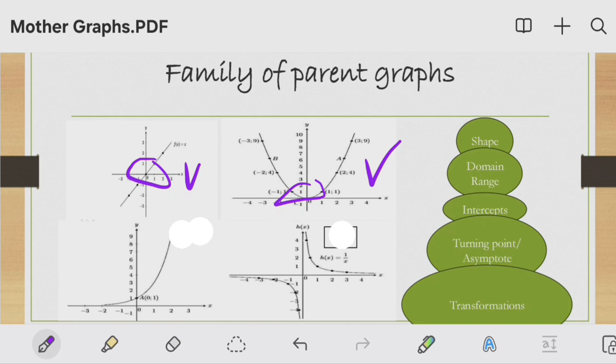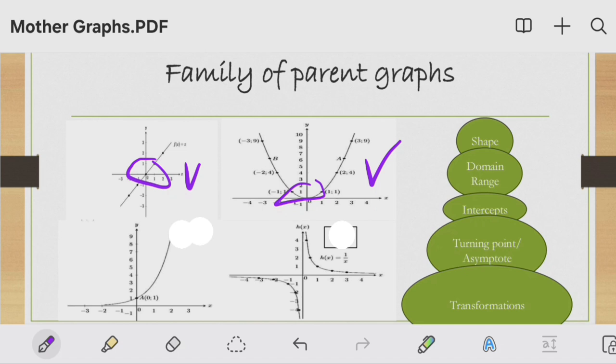Remember, the origin is the point where the axes intersect one another. I'm talking about the y-axis as well as the x-axis. They cross one another at a point called the origin, which is the point (0, 0), meaning x is 0, y is 0. That is the case for both a linear as well as a parabolic function.